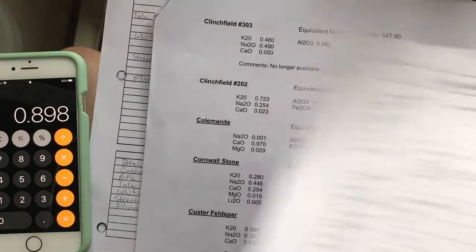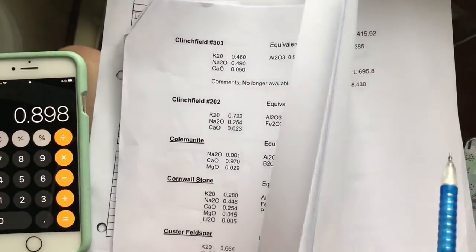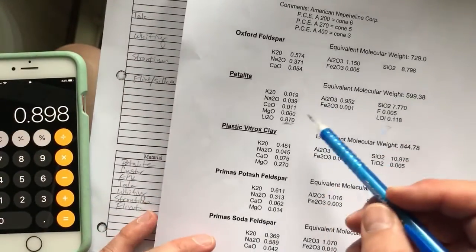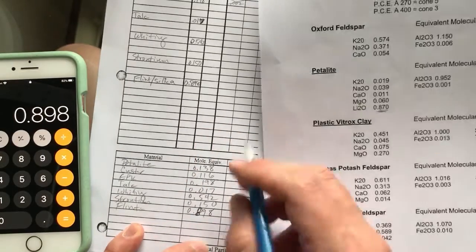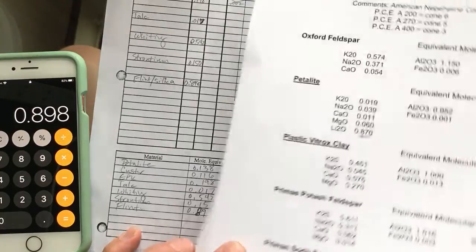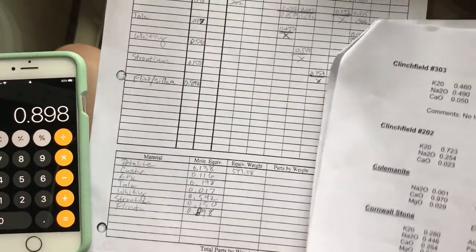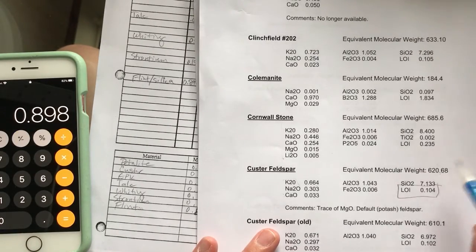I used a more complicated version, just for kicks, I guess. With this version, my equivalent molecular weight is 599.38. Okay, Custer is 620.68.